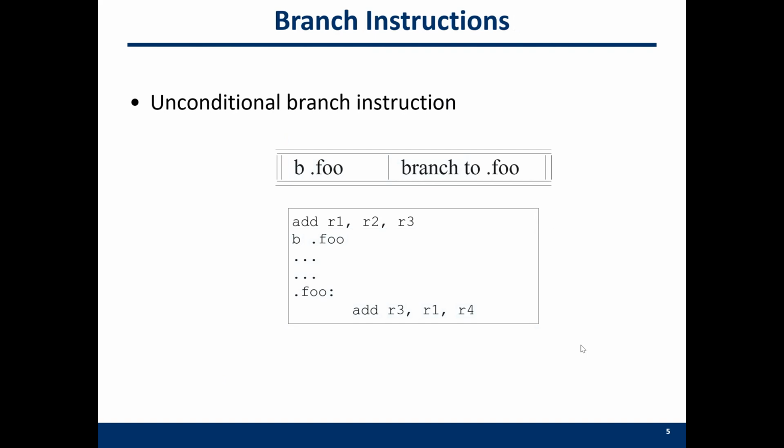So this is the branch. The branch instruction is unconditional, with different instructions and a label.